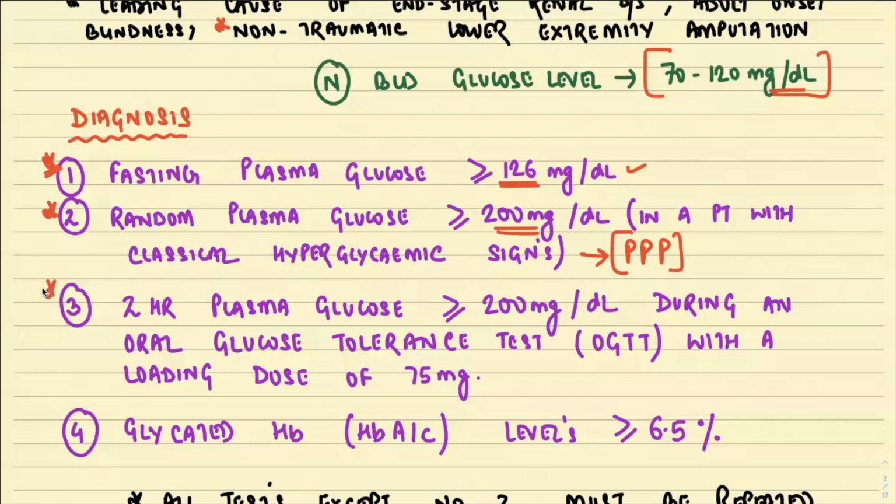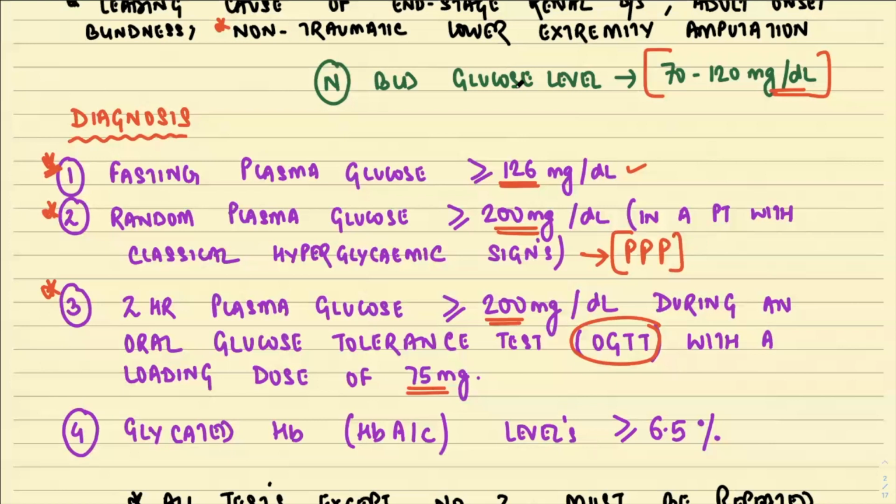Or if we carry out a 2-hour plasma glucose level more than 200 milligrams per deciliter during an oral glucose tolerance test called OGTT, with a loading dose of 75 grams of glucose. So the patient is given 75 grams of glucose in a glass of water, and after 2 hours, the patient's blood glucose is recorded.